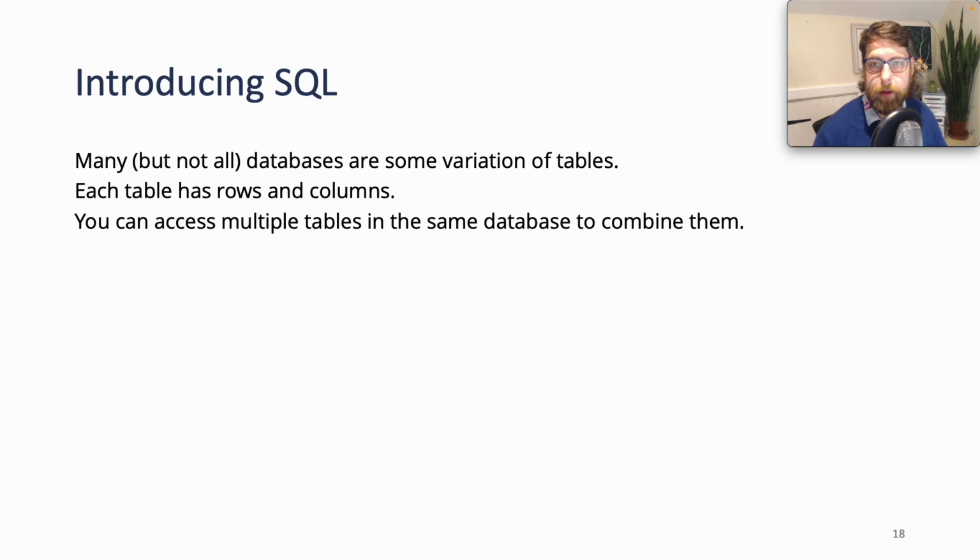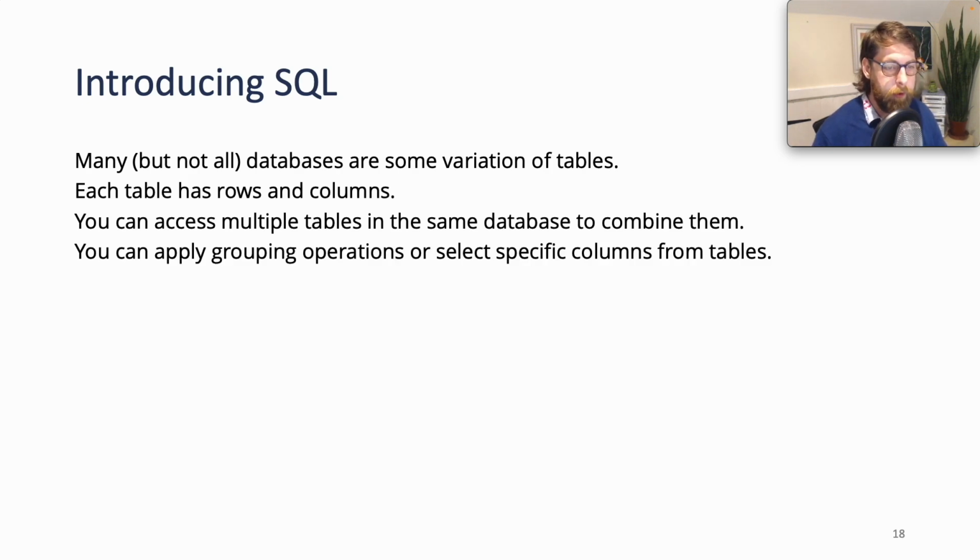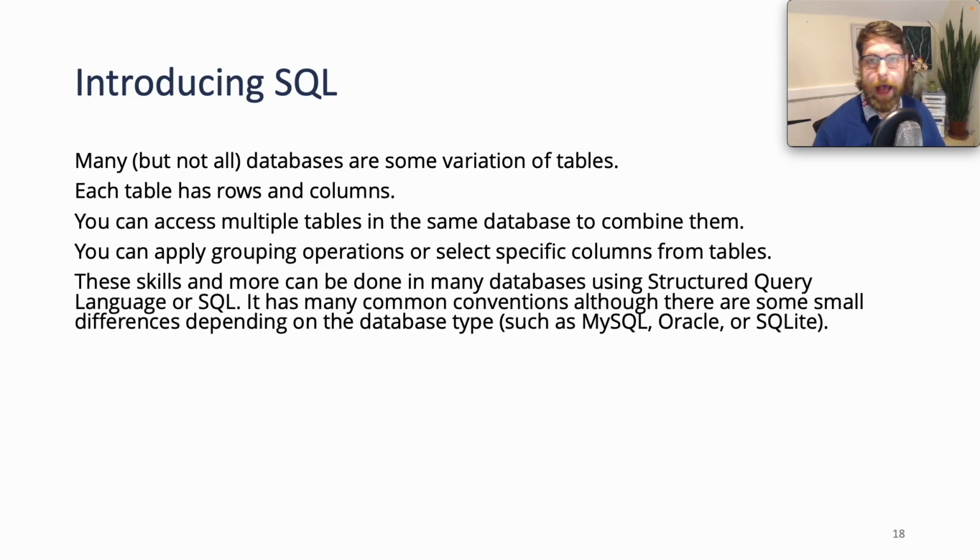And you can reference them between each other and combine them. You can apply grouping operations on the data, just like we saw there, and you can ask for specific columns. Within SQL, there are some different flavors depending on the database type, whether it's MySQL, Oracle, or SQLite.